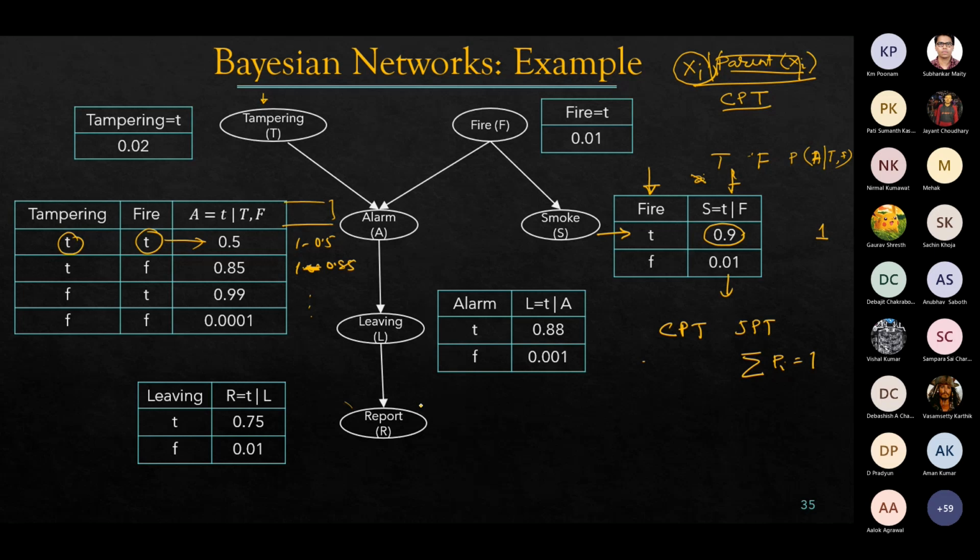Now one might ask, if we do this, what is the benefit? Can you guess what the benefit is? What we are interested in is the probability of T, F, A, S, L, R. What benefit are we getting out of this structure? Any idea?